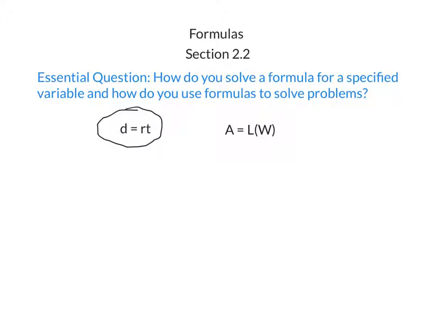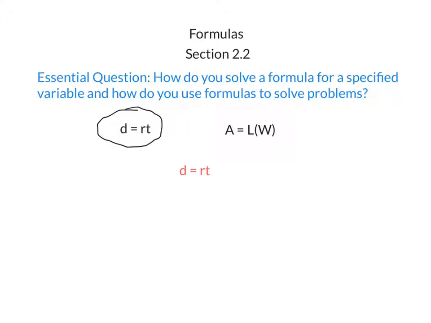Basically, what you need to do is transform that formula so that all terms containing the specified variable are on one side of the equation, and all terms without that variable are on the other side. So initially what I need to do here is get the r by itself and move the t over to the same side as d.